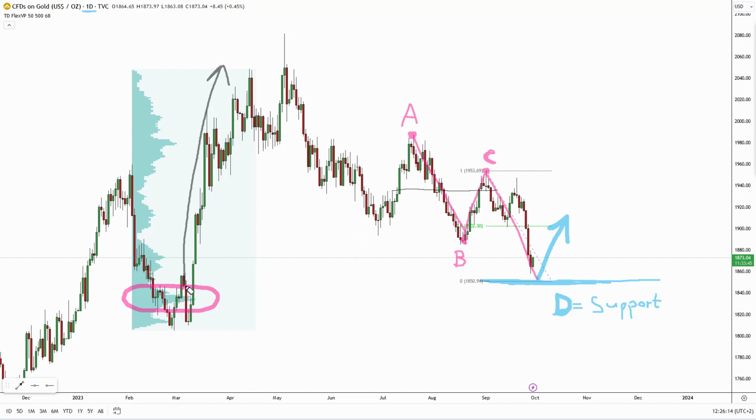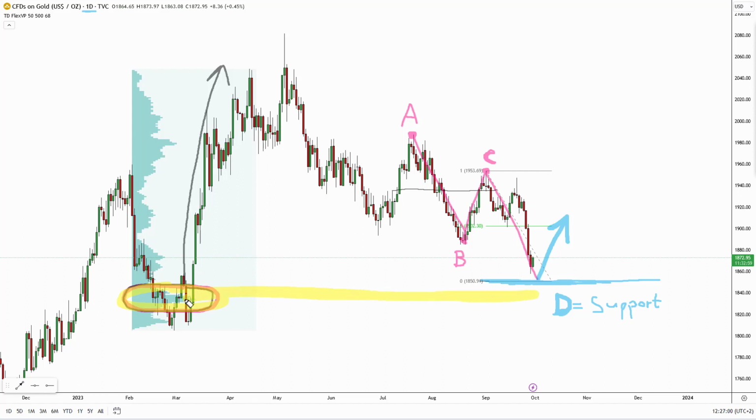This is telling us that buyers were accumulating long positions in here, and then they pushed the price aggressively upwards. So this could be an important zone for strong buyers who are accumulating their long positions here. And when the price hits this zone, it is likely that the buyers from this zone will want to become active and push the price upwards.